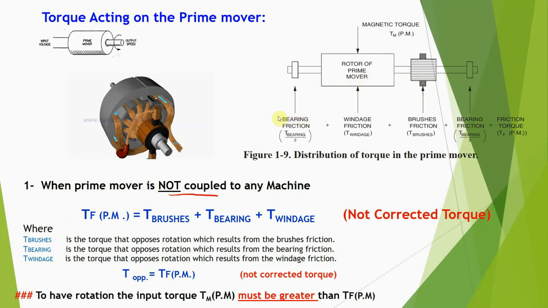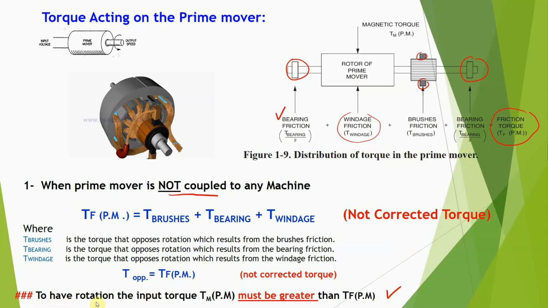We have a bearing friction from two points here, from front and back, and we have a brush friction and also a windage friction, right? So all of these are equal to the torque to be carried by the prime mover. It must overcome all of this torque in order to have a rotation. It must be greater than this.